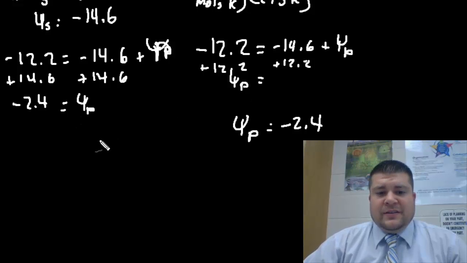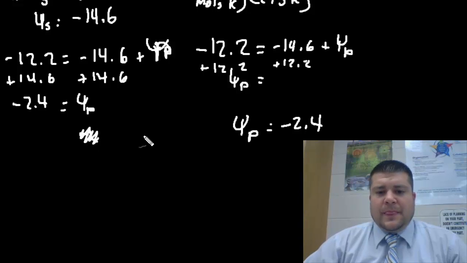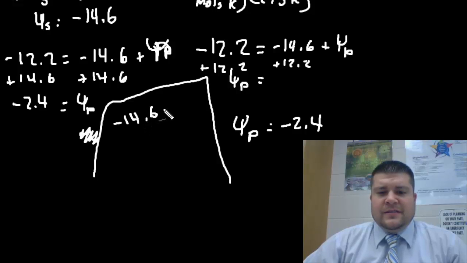To double check your answer, you have negative 14.6 minus 2.4, or plus a negative 2.4, so you can think of it either way.